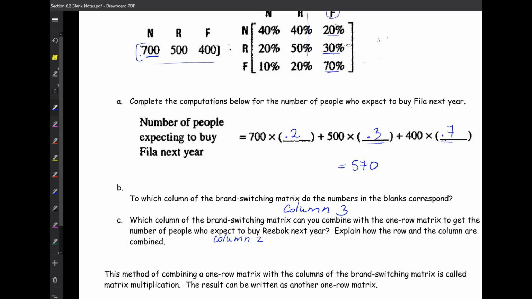You're multiplying the row numbers by the line that's vertical in the columns. So you guys can see that we did 700 times 0.2, 500 times 0.3, 400 times 0.7. So that row 1 lined up with column 3, and that's what allowed you to add the total amount of people who would buy Fila. So I think of lining the row up with its matching column.